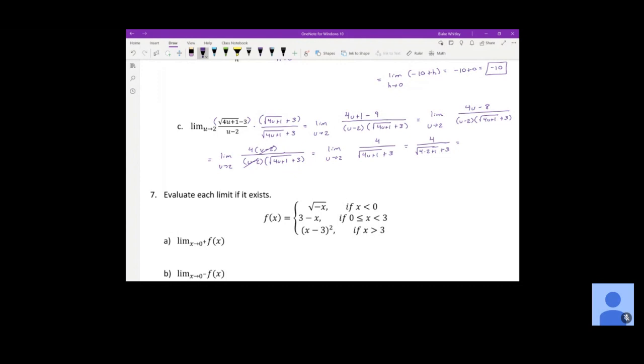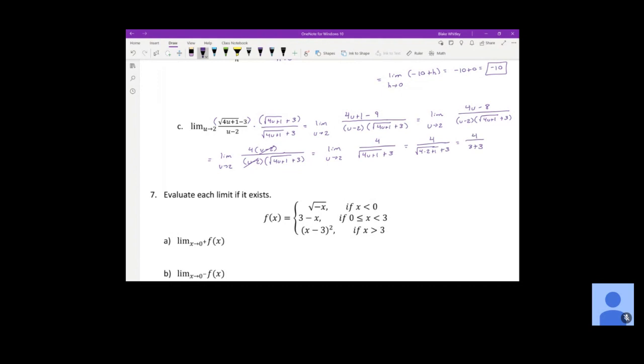And if we simplify that now, what's that going to give us? Good, 2/3, right? So just to kind of put an intermediate step in there, this is going to give us 4 over 3 plus 3, right?